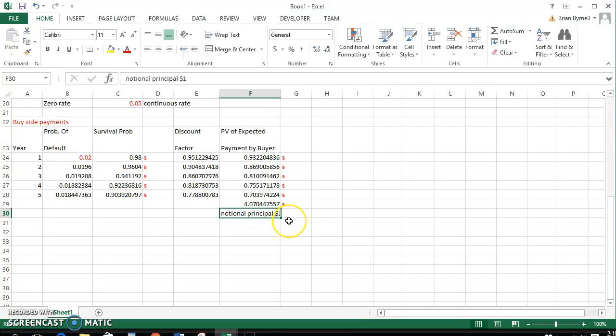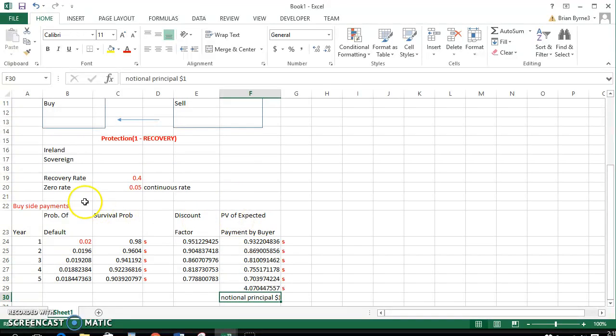Okay, so what we have here is a high probability of a small payoff. We're paying small amounts each year for the 5 years.